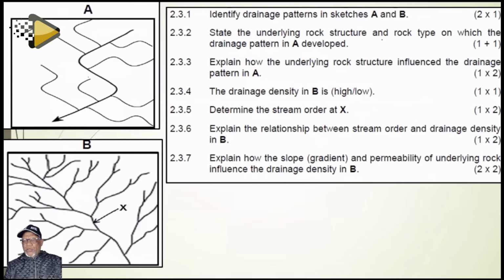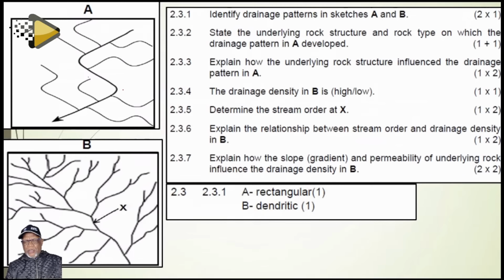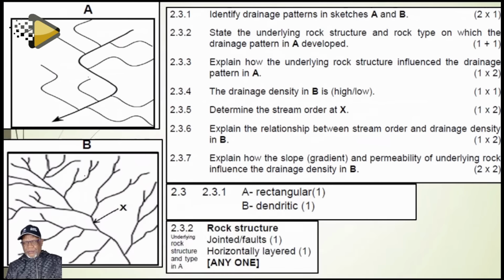State the underlying rock structure and rock type on which drainage pattern A developed. The underlying rock here is igneous rock that is jointed.